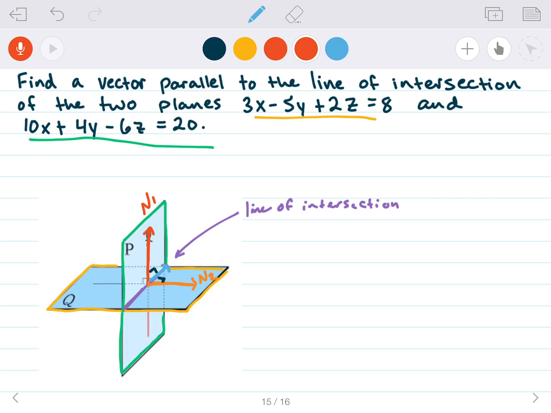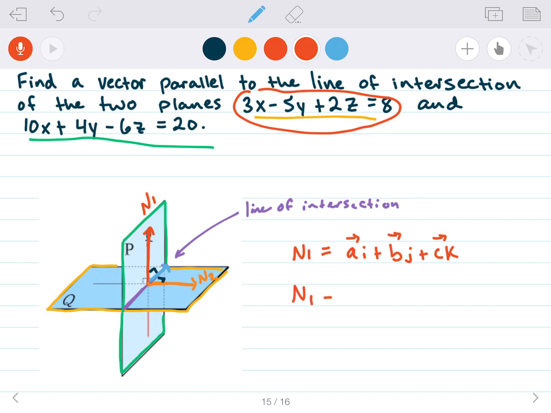First thing for N1, so remember our normal vectors are of the form ai plus bj plus ck, and so just based on what we have here for our yellow plane, we have A is 3, B is -5, and C is 2.